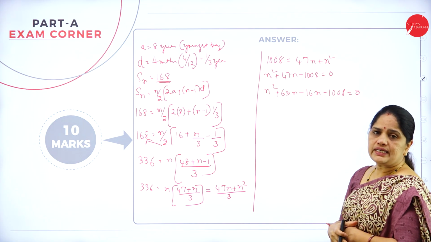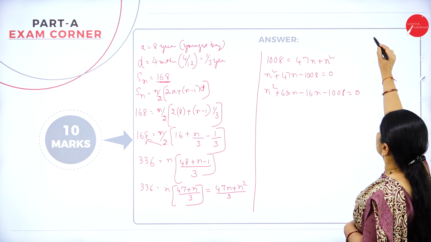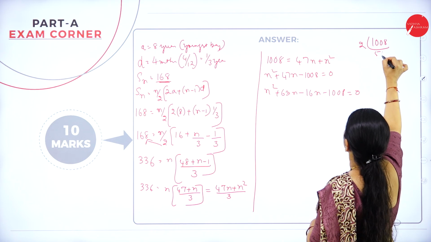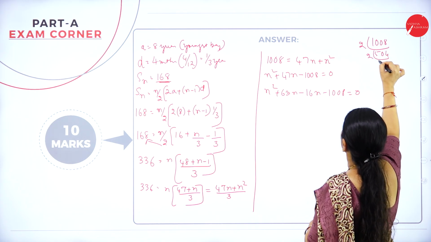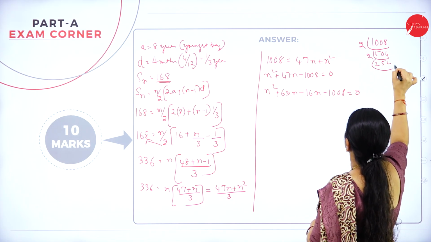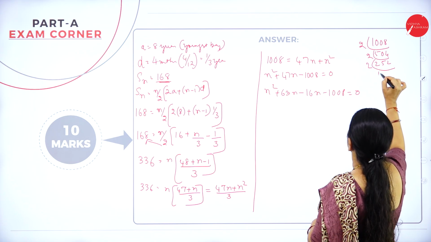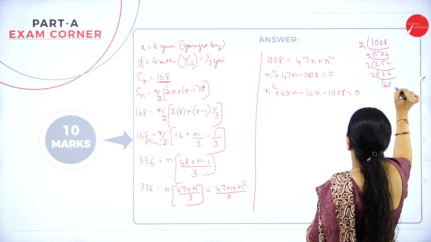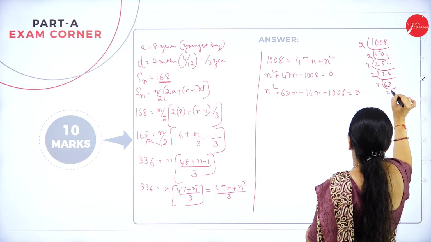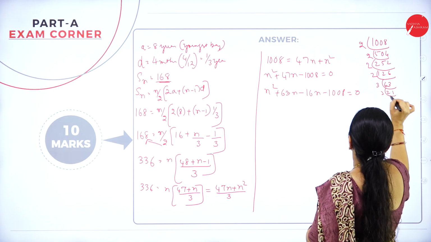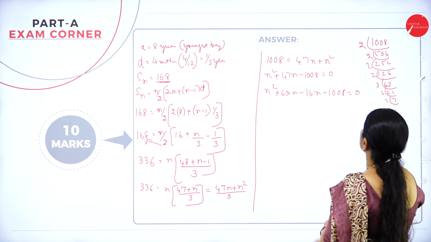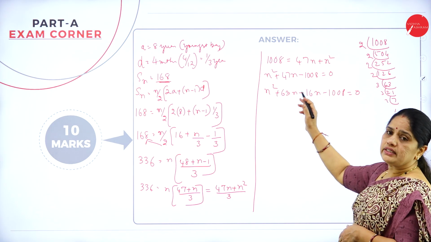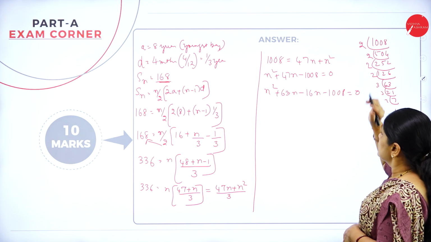Now we find the factors of 1008. So when I split this, I get the factors as 63 into 16 is 1008.